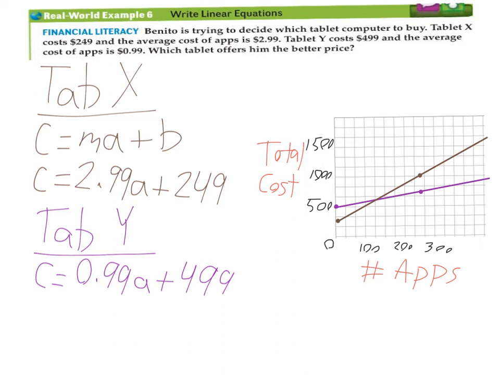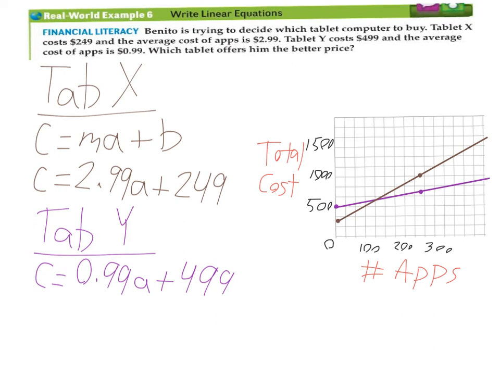Now, folks, personally, I don't know about you, I have less than 50 apps on my phone, so I would probably go with tablet X. It's cheaper for me overall, but for all we know, Benito likes to download 5 apps a week.